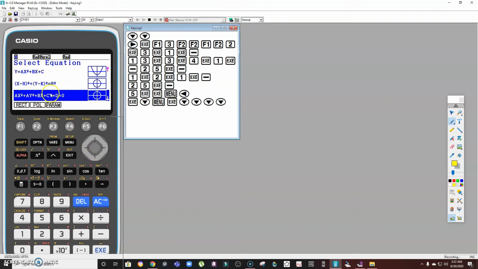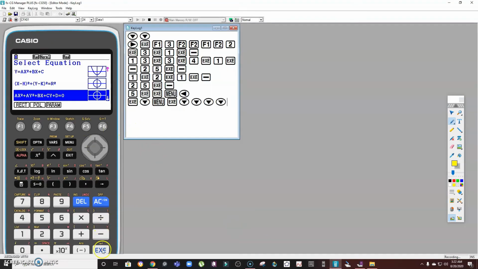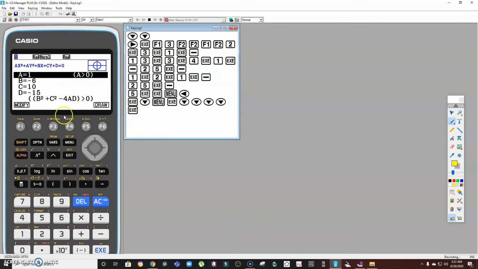Since what we have here is the general form and we have the values of d, e, and f, that's what I'll do. There's an initial value here because I used this before. Again, the value of a is 1, the coefficient of x, which is d, is 2, the coefficient of y, which is e, is negative 14, while the constant, f, is 25.